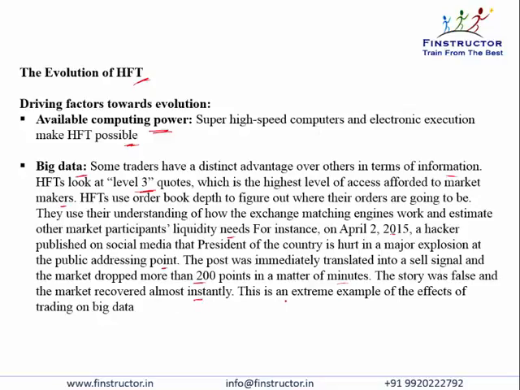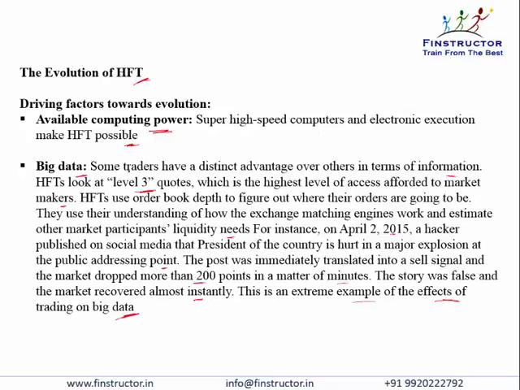So this is an extreme example of the effects of trading on big data. So these algorithms are so shrewd today, or rather they can be programmed so well, that they can scan the available social media, Facebook, Twitter, etc., and then put orders based on the news flow that they gather from these sources.